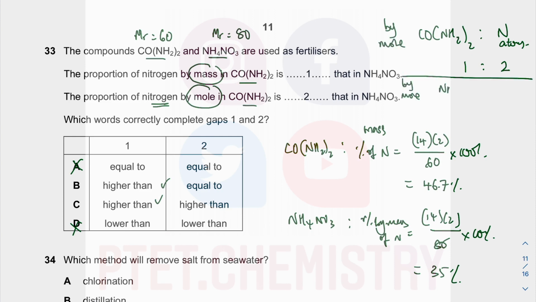If I have NH4NO3 by mole, in 1 mole of this, I also have 2 mole of nitrogen atoms. So by mole, the proportion of nitrogen is actually equal. Okay? So there's option B there.